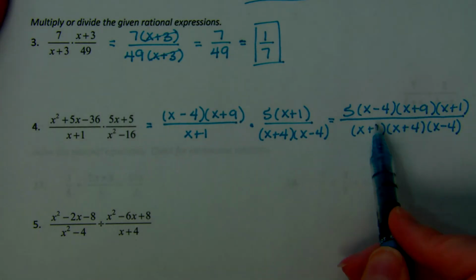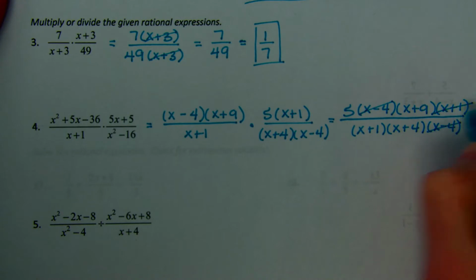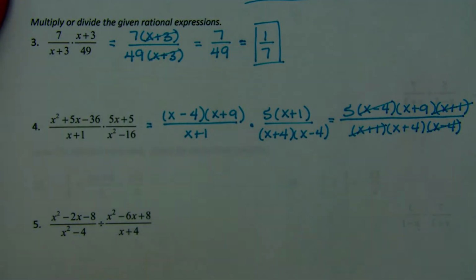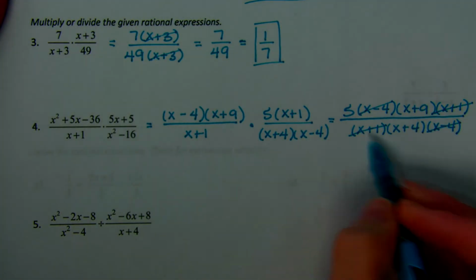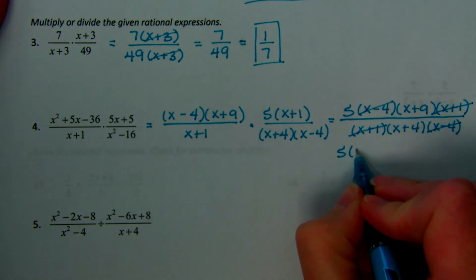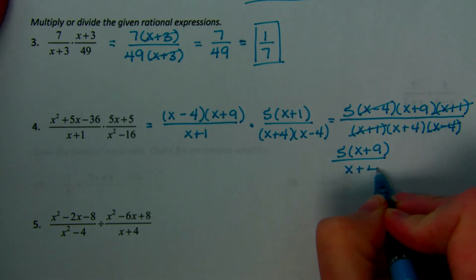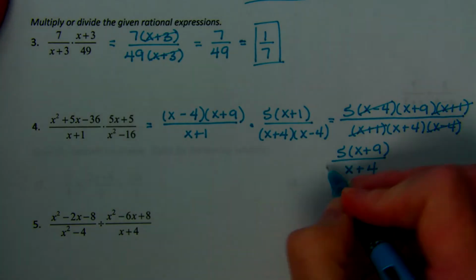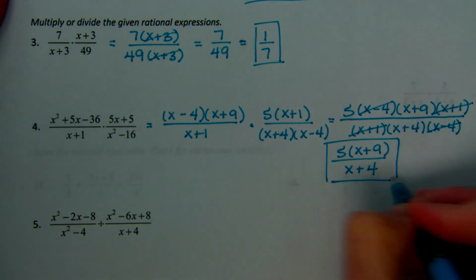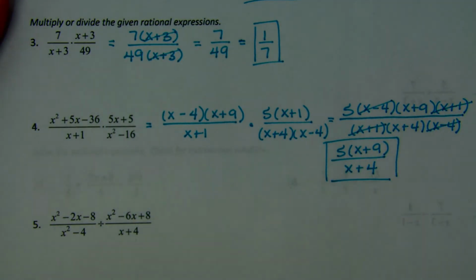And so now that I've smooshed, I'm going to cross out common factors. This is x minus 4 and x plus 4. And rewrite what's left. So in this case, guys, that is 5 times x plus 9 over x plus 4. And walk away from it there. This is your answer. You are done. All right, don't distribute the 5. Just don't do it. You don't need to.